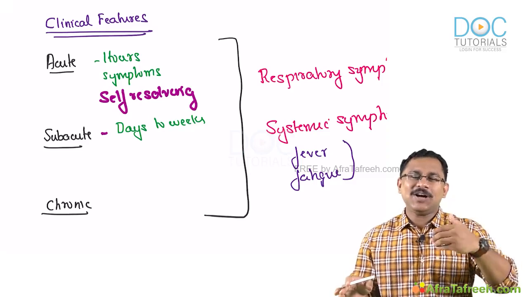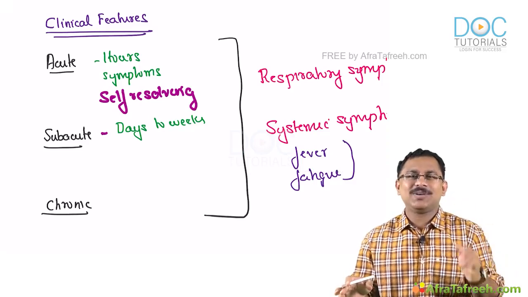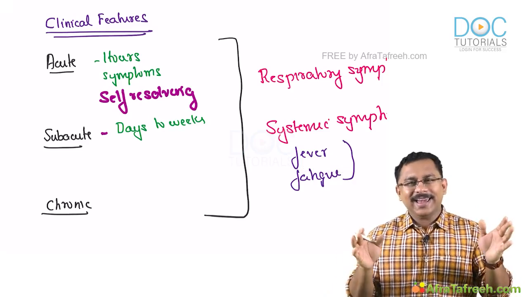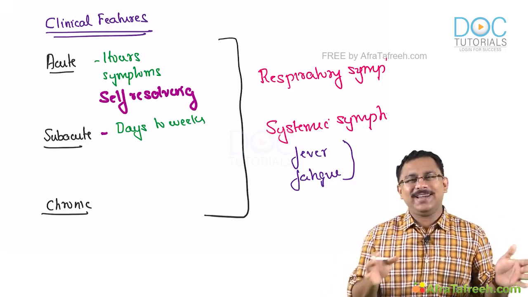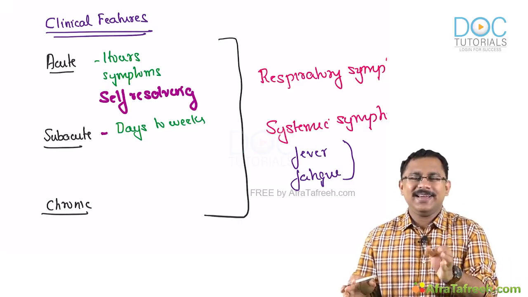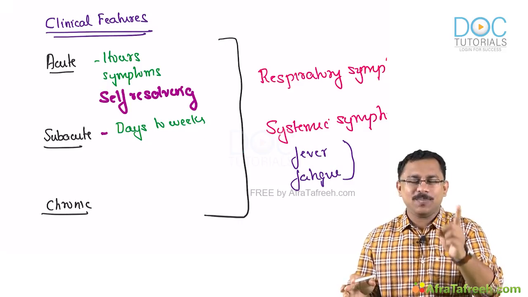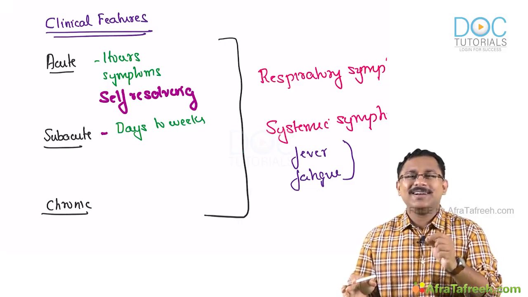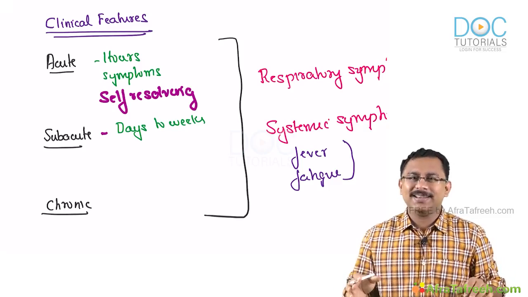Only thing is that it is not as dramatic as the acute hypersensitivity pneumonitis, and again it is sometimes difficult to diagnose unless you take a careful history and see that the patient's occupation is probably related to a trigger.